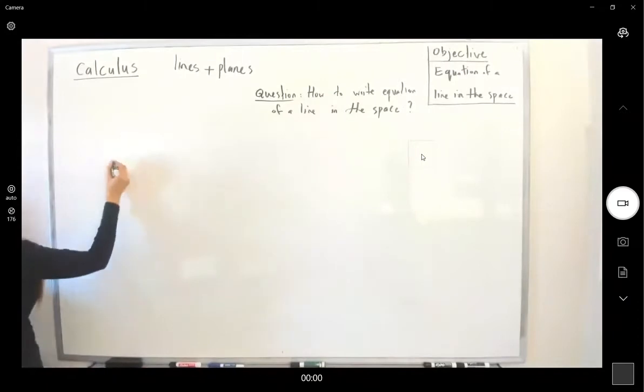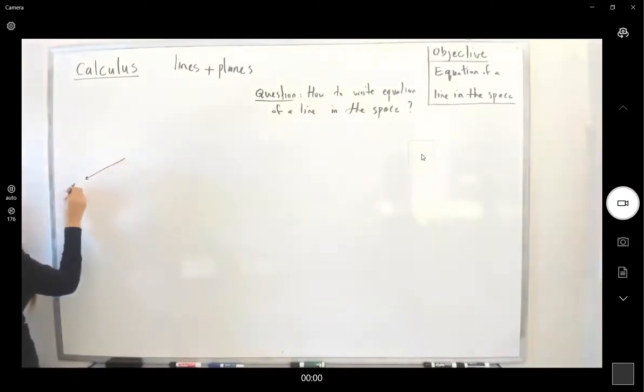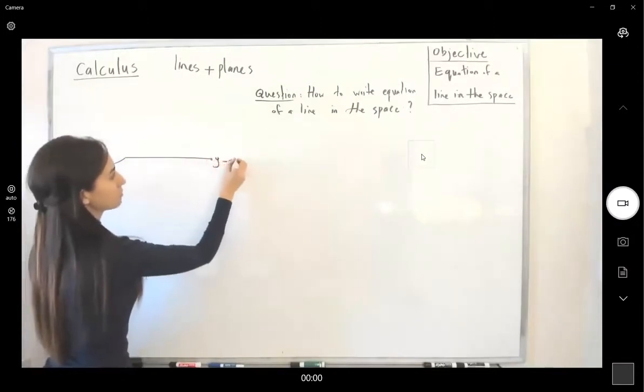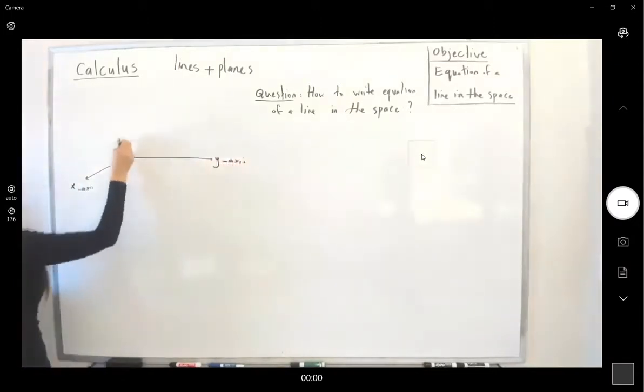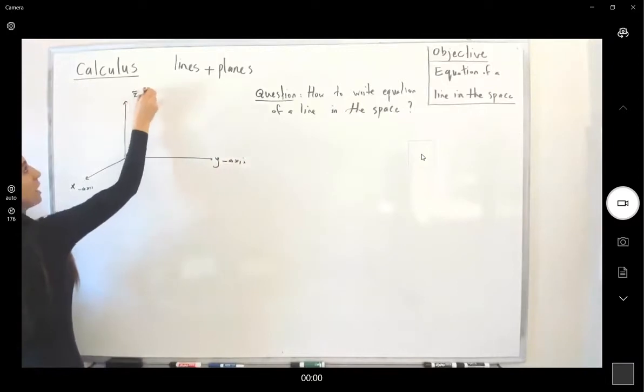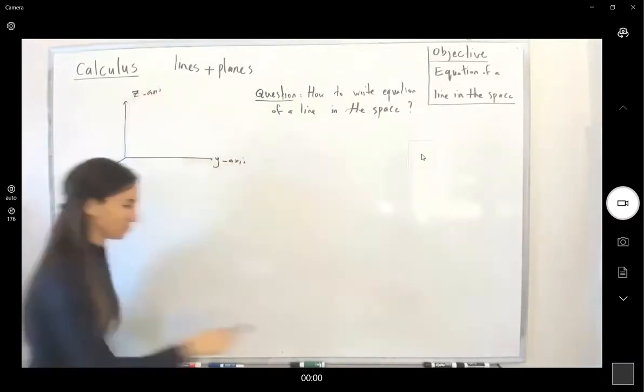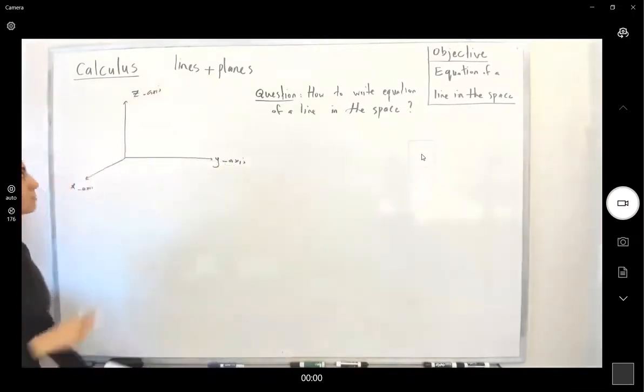Well, suppose this is your x-axis, this is your y-axis, and this guy is your z-axis. You have a line in the space.